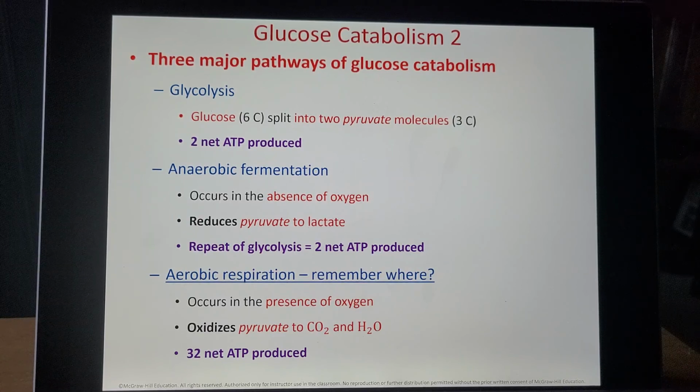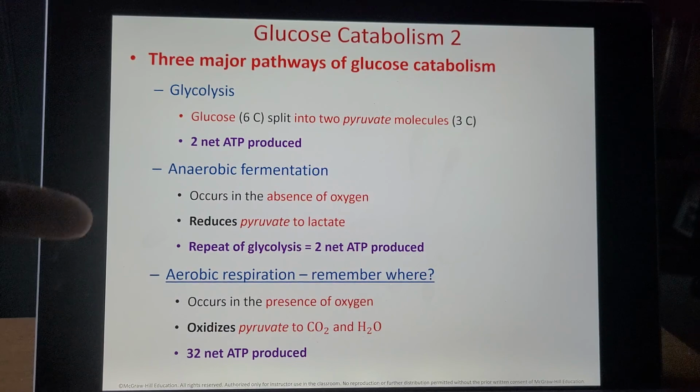However, the more efficient model is aerobic respiration, done in the mitochondria when you have plenty of oxygen. Pyruvate is oxidized to carbon dioxide and water, and in that process you make 32 ATP. So a lot more efficient.